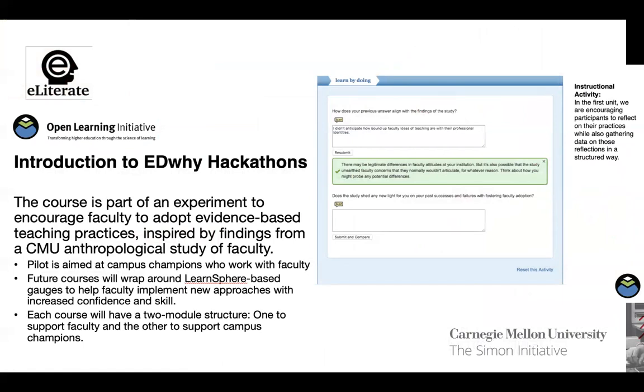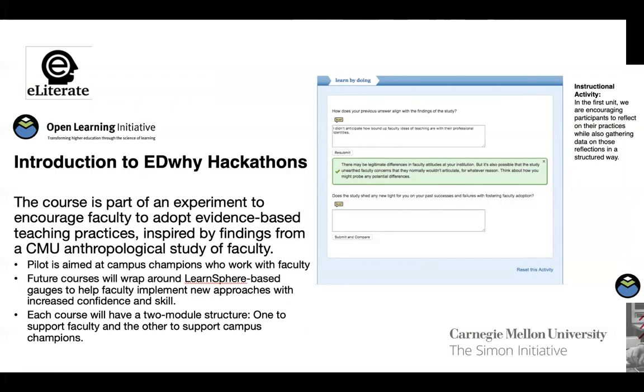As I mentioned in my previous answer, we're really interested in getting instructors and faculty to engage in empirical practices to be continuously improving their teaching. There was a really interesting 4-year study done here at Carnegie Mellon University.